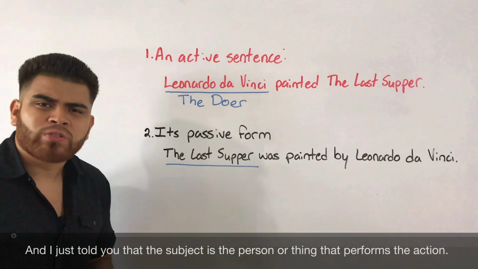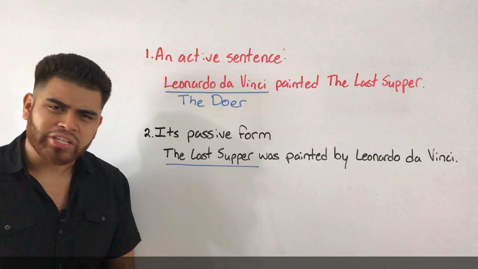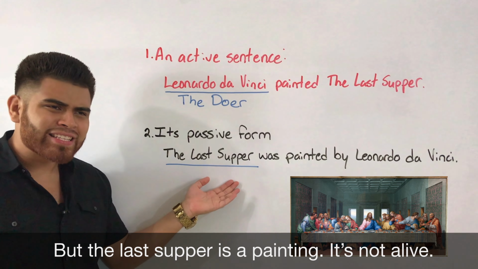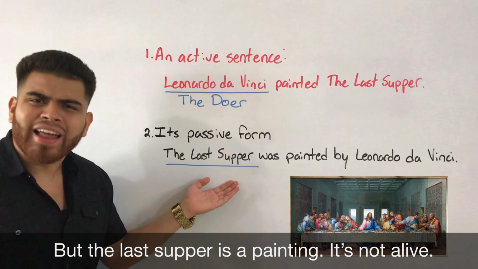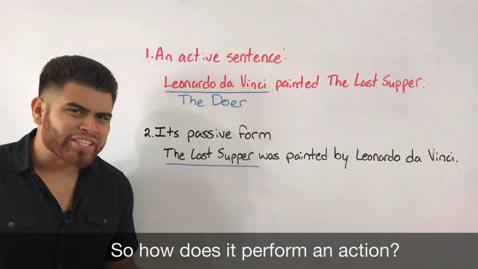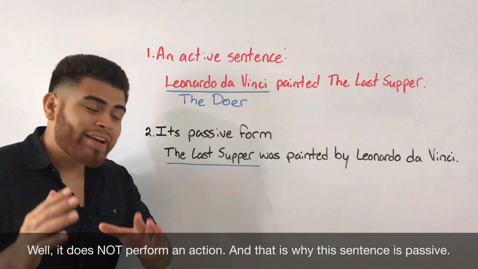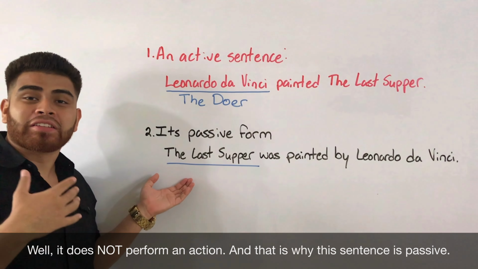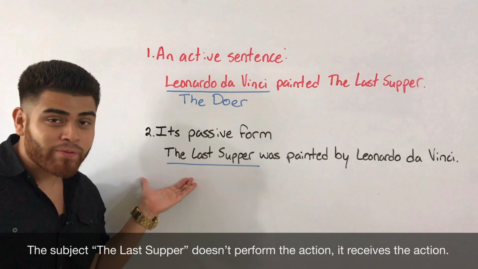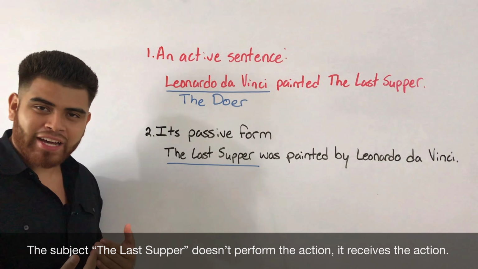And I just told you that the subject is the person or thing that performs the action. But the Last Supper is a painting. It's not alive. So how does it perform an action? Well, it does not perform an action, and that is why this sentence is passive. The subject, the Last Supper, doesn't perform the action, it receives the action.